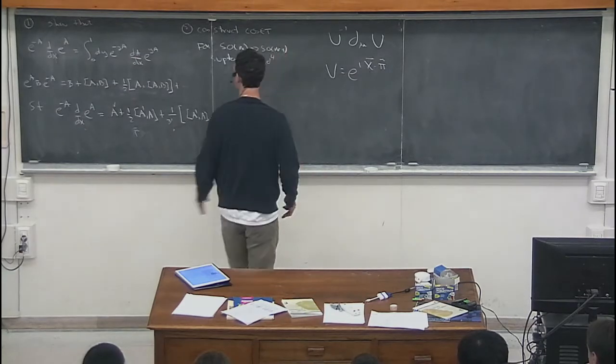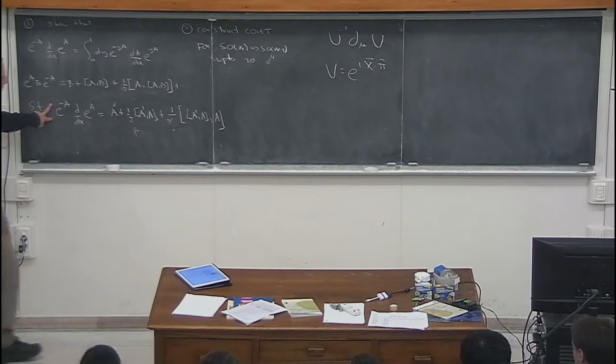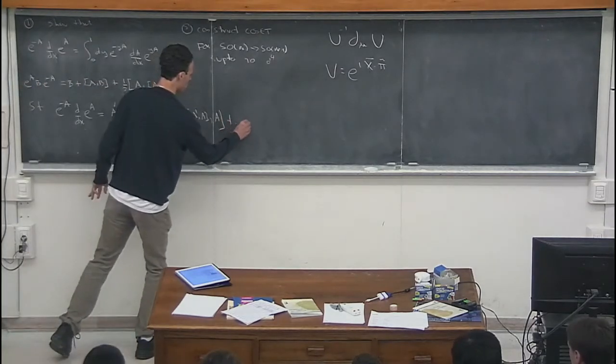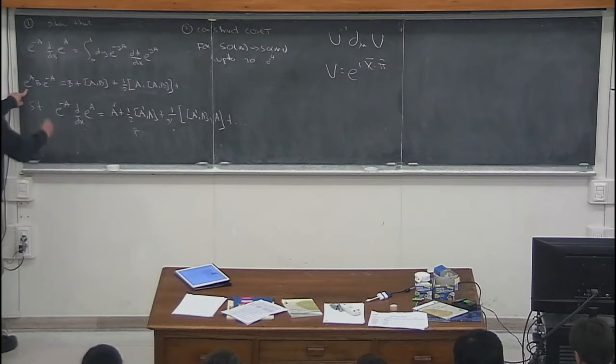And so you use this formula here. And in order to derive this formula, you start with this formula, and then you use the Baker-Campbell-Hausdorff formula. You've probably seen it from quantum mechanics. This is BCH.